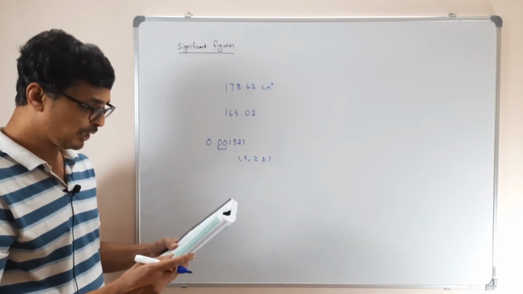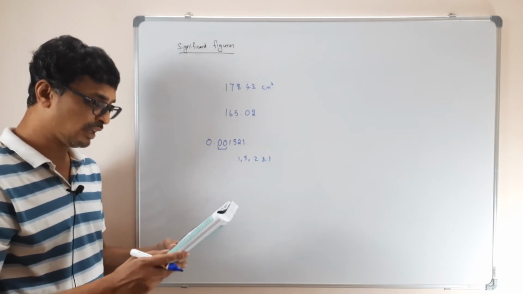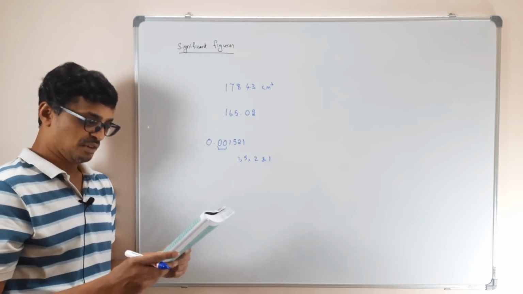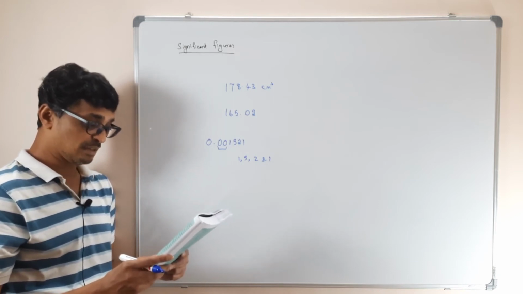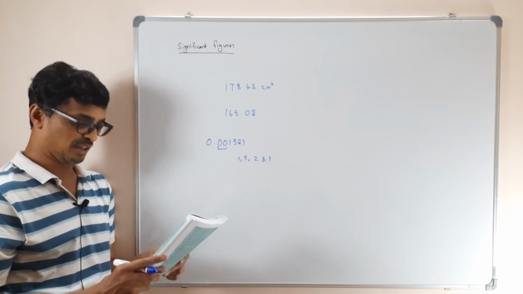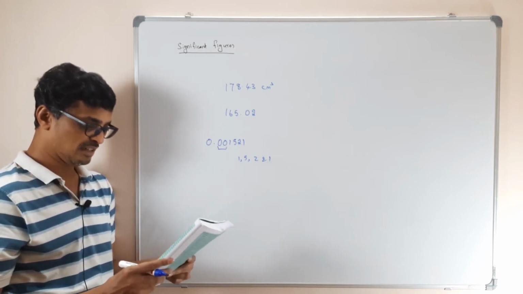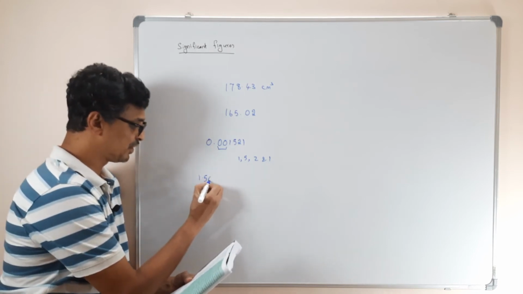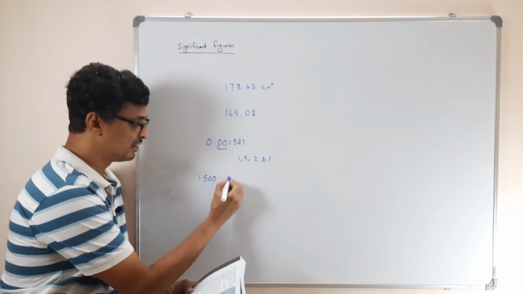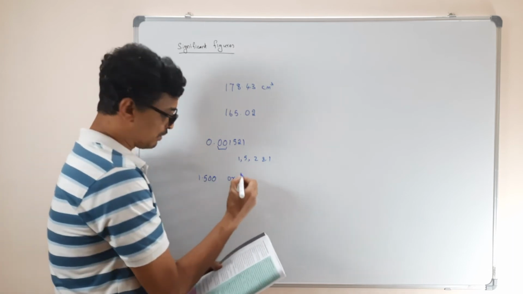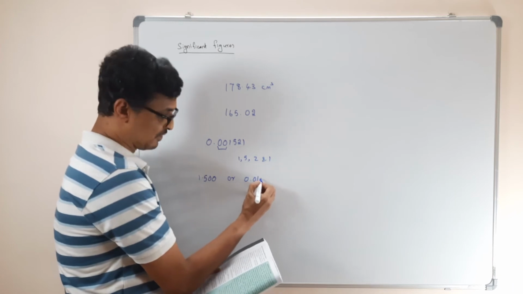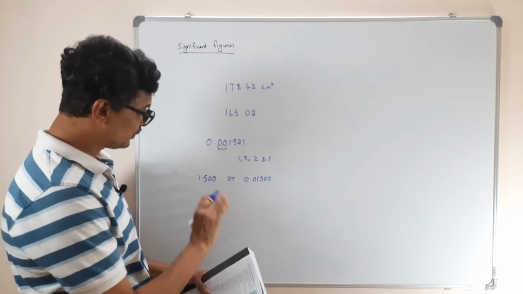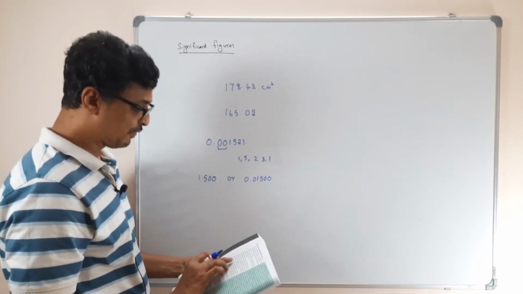And the fourth point is that the zeros on the right-hand side of the last non-zero number are significant. This is very interesting, but the number must be written with a decimal point. For example, 2.0, 1.500 or 0.01500 both have 4 significant digits.